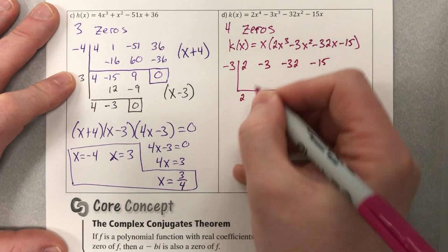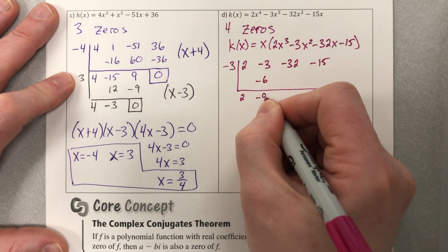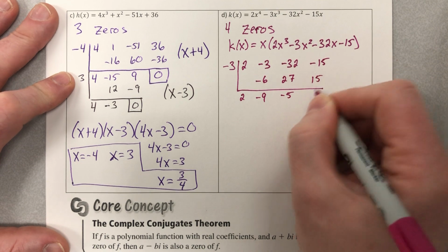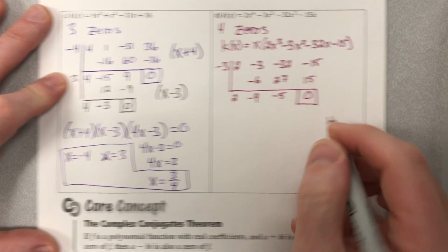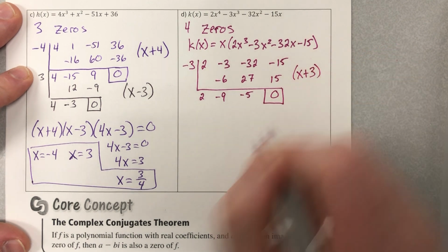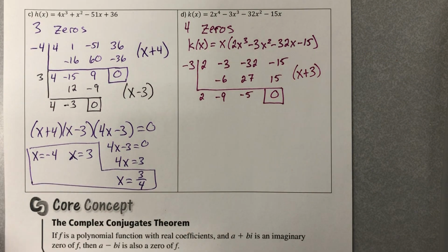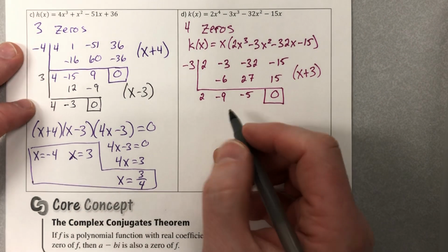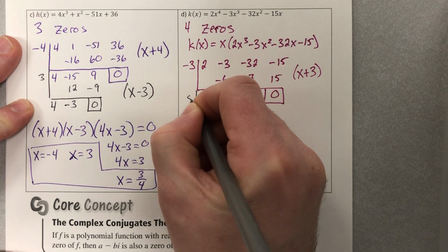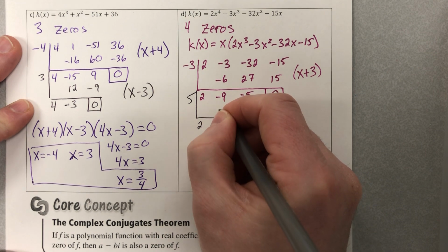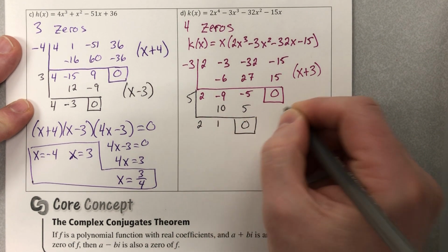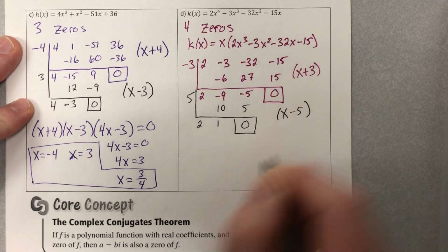I use my synthetic. We get zeros at, so -3 as a linear factor would be x plus 3. Our zeros at -3. It also looks like it hits it at 5. So I'm going to use 5. So that would be x minus 5.